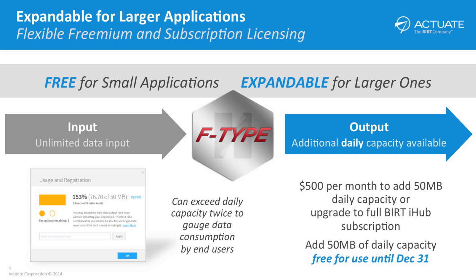And I will tell you, we run our business, obviously, with Actuate as a reporting, analytics, and BI tool. We have many applications, and most of the applications we run our $140 million annual business with, F-Type suffices for. But I will tell you that since it is a new product for us and we want it to be as ubiquitous as open source Eclipse BIRT has been for us, your first upgrade of 50 megabytes is on us between now and the remainder of the year.